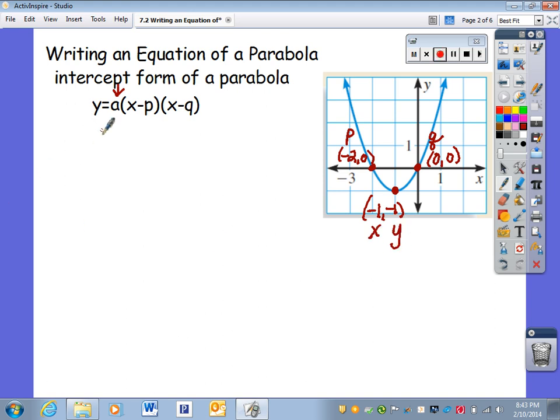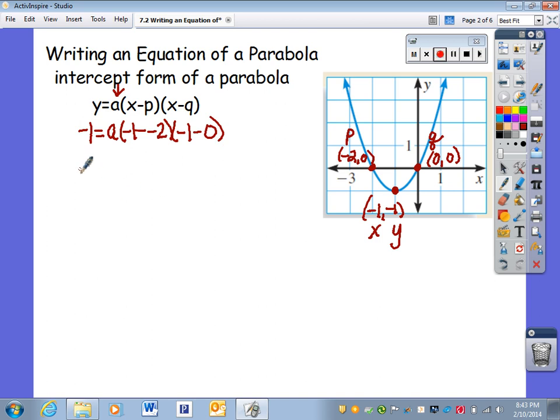So we're simply going to substitute in. So we have -1 for y is equal to a, we don't know a, we're using -1 for x, minus -2, which is our first intercept, and x is -1 minus 0, which is our second intercept.